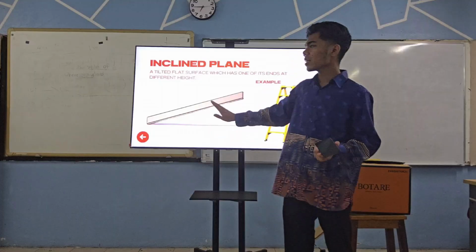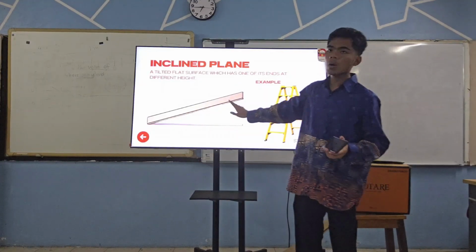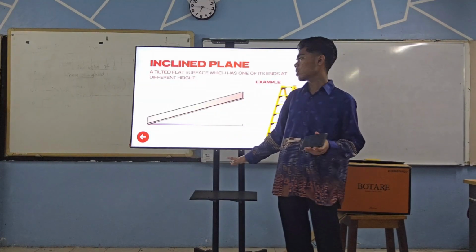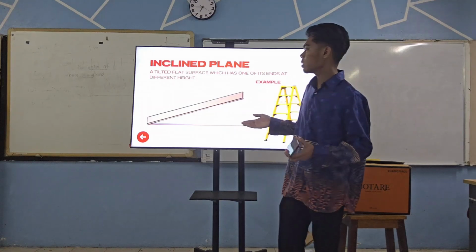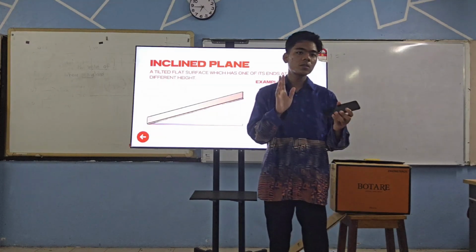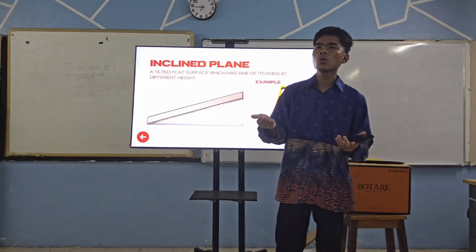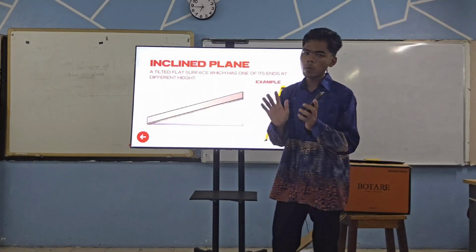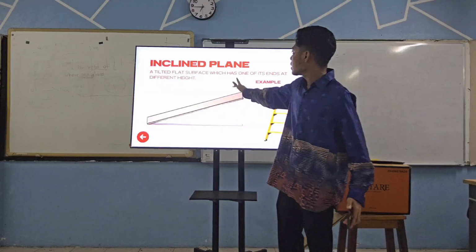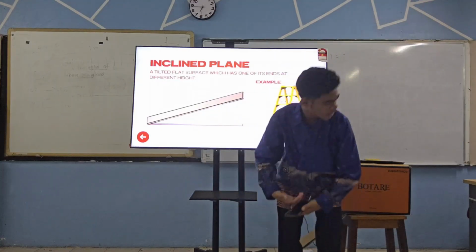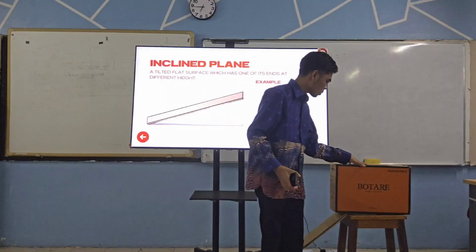Why would we use an inclined plane? It's actually more convenient and more practical, just like how Sir Amir showed just now, to move things, especially the ones with a heavier load and heavier mass. We push it. Without the inclined plane, we have to grab it, for example, like this box over here.